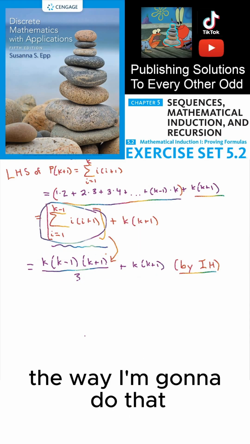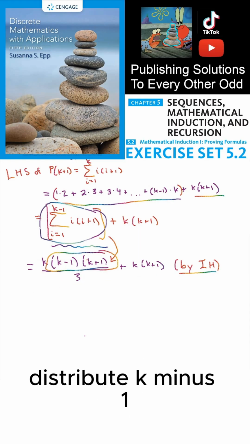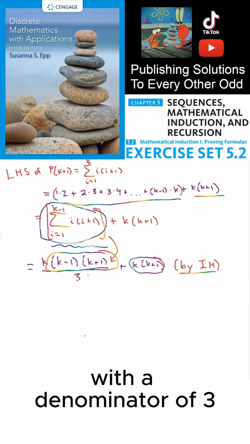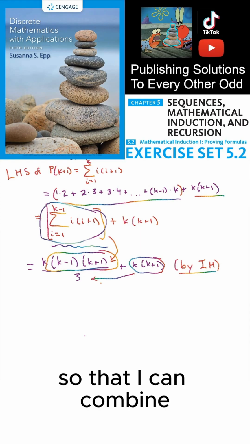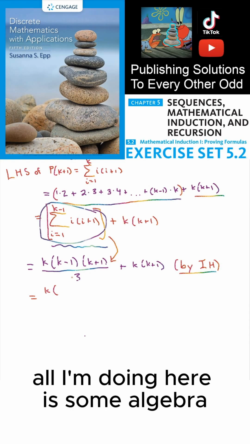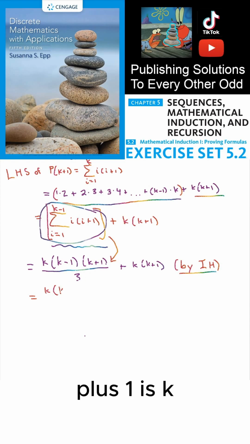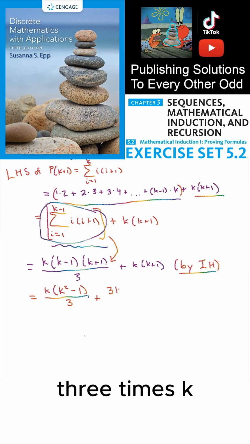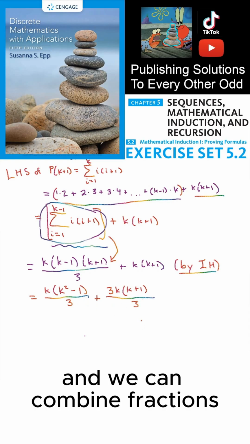The way I'm going to do that is I'm going to distribute k minus 1 times k plus 1. I'm also going to rewrite this term with a denominator of 3 so that I can combine fractions. So all I'm doing here is some algebra. k minus 1 times k plus 1 is k squared minus 1 all over 3. And then for the second term, I'm going to rewrite this as 3 times k plus 1 all over 3. This way, now we have a common denominator and we can combine fractions.